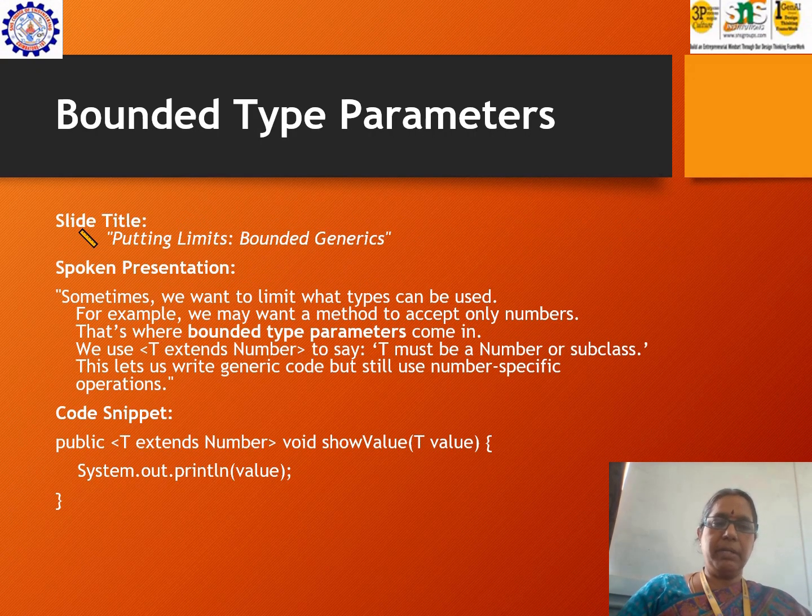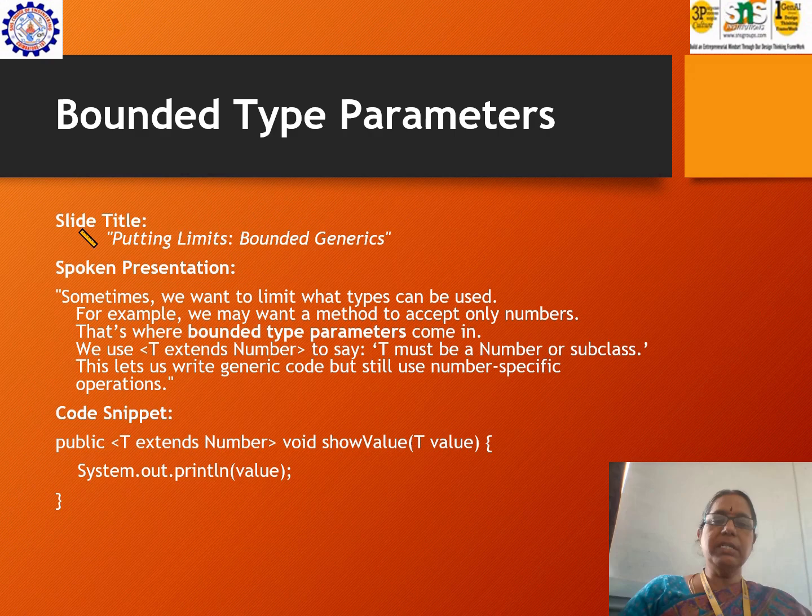Bounded type parameters. Here we are going to put limits on the type of the value which you are going to use with generics. So this is called bounded generics. Sometimes we want to limit what type of data can be used. For example, we may want to have a method that accepts only numbers or accepts only strings or accepts any other custom object type.